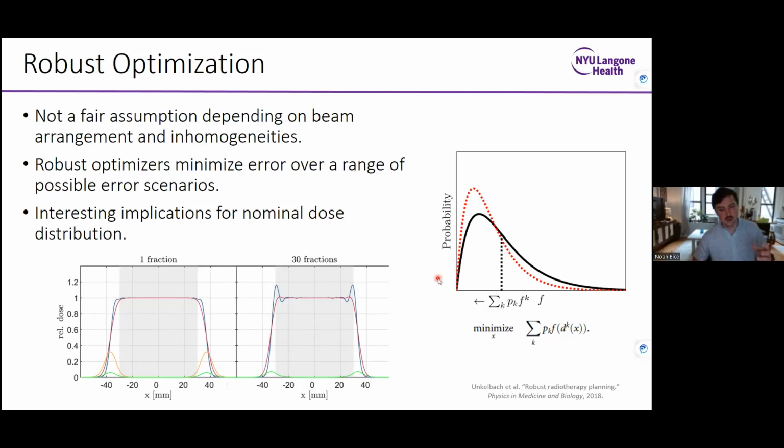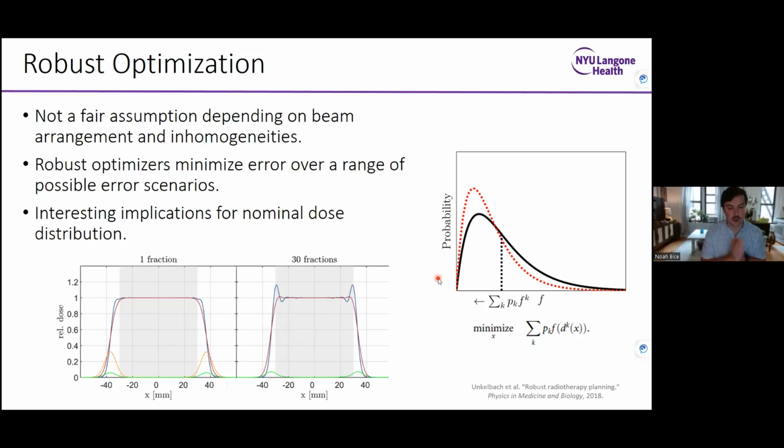So the idea is that, rather than optimizing with respect to just one objective function that we specify at the beginning, we specify our objective function, and we evaluate nominally, if the patient is set up perfectly, how we score. The robust optimizers consider at every iteration if the patient is set up 3 millimeters to the right or 3 millimeters to the left, or if our CT calibration curve is in error by 3%, what are the consequences for our patient dosimetrically?